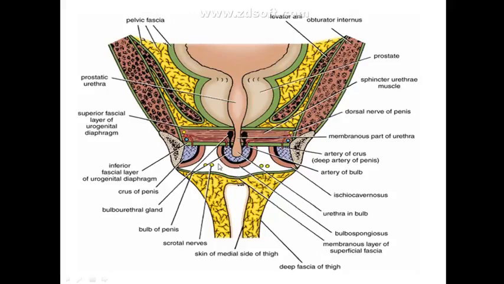You can see also that these three parts of the root are covered by muscle. The muscle covering the bulb is called bulbospongiosus, while the muscles covering the crura are called ischiocavernosus. So bulbospongiosus covers the bulb, and ischiocavernosus covers the right and left crura.